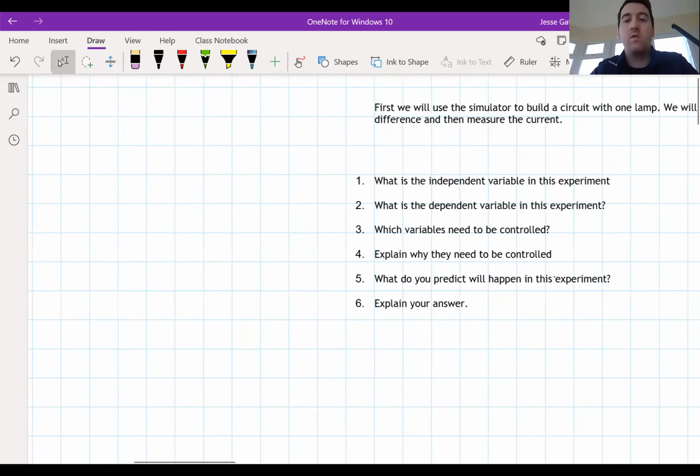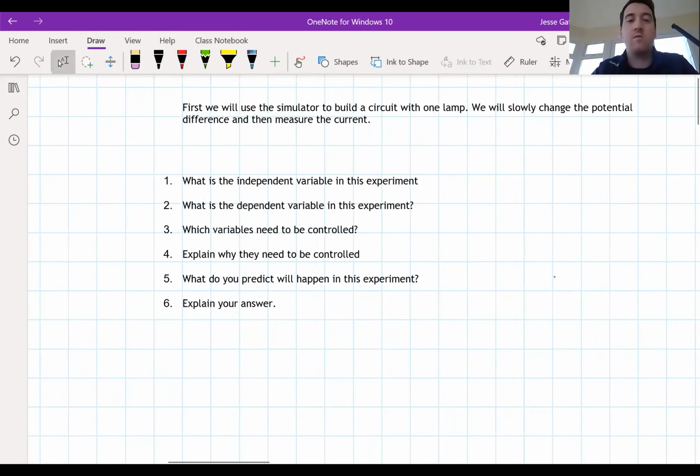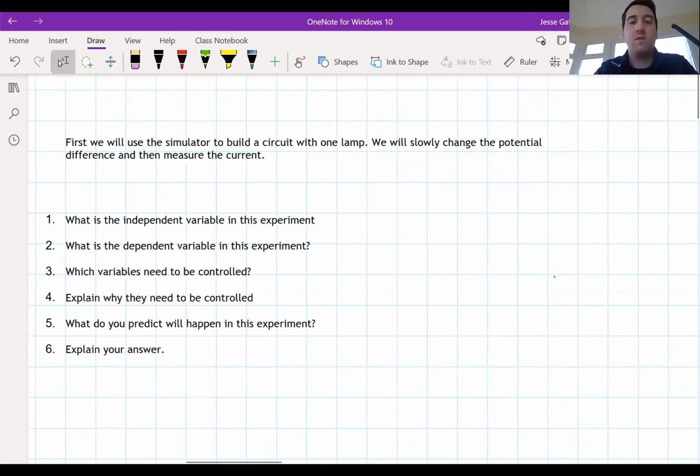Before we do, I'm going to do some questions, and I'm going to give you a scenario. In the first experiment, we will use the simulator to build a circuit with one lamp. So obviously, the resistance is whatever the one lamp provides.